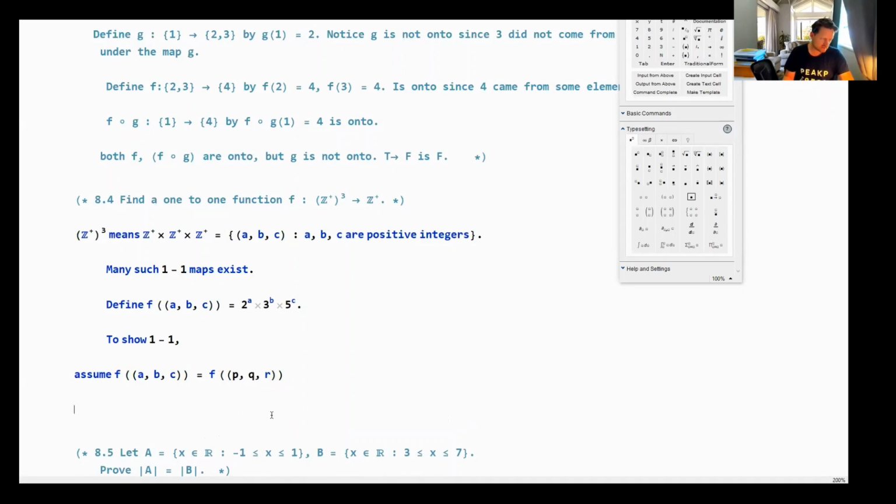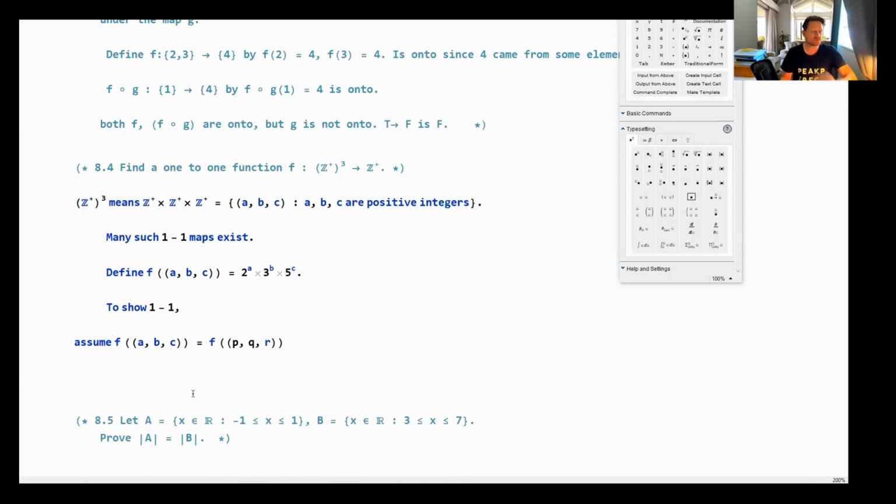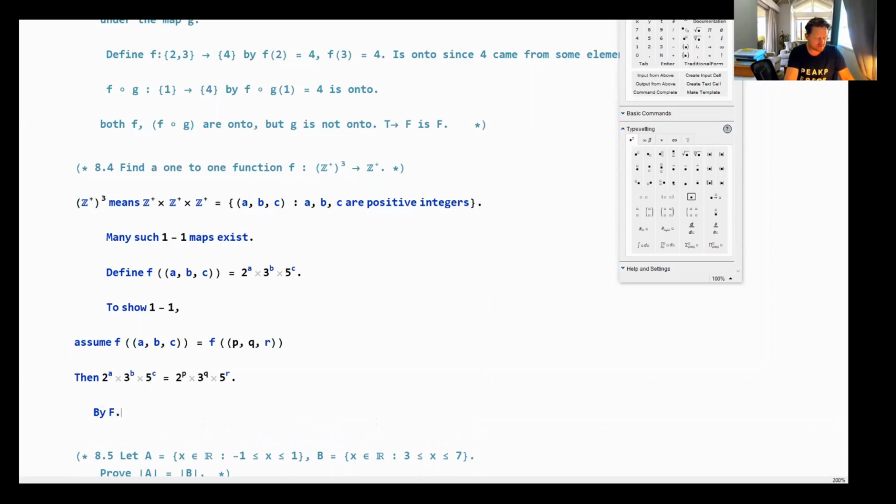All right, so if we have this, then we put that into our definition, and what we have is that 2 to the power of A times 3 to the power of B times 5 to the power of C is equal to the same thing with P, Q, and R, for f of P, Q, R. Okay, and now by the fundamental theorem of arithmetic, that we have unique factorization, so we must have the same exponents.